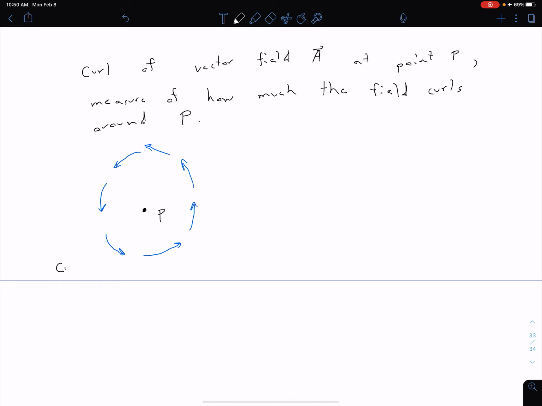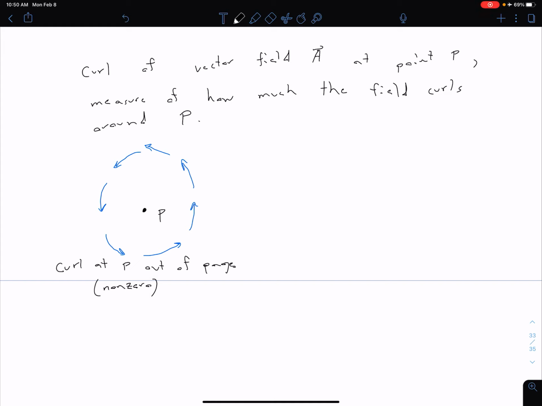So we would say curl at P is out of the page here, and of course non-zero.